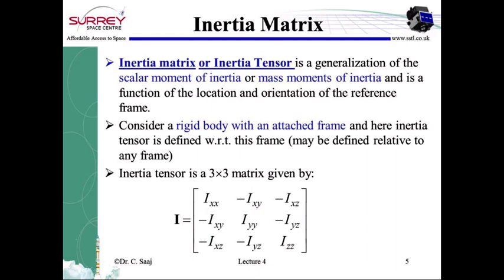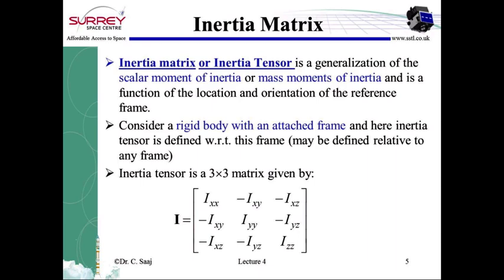Here in slide 5, we define the inertia tensor as a 3x3 symmetric positive definite matrix. By this definition, what we mean is the inertia matrix is a square matrix and it's a symmetric matrix, which means its off-diagonal elements are identical, and it is a positive semi-definite matrix.